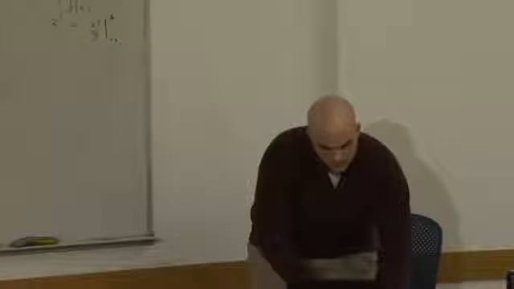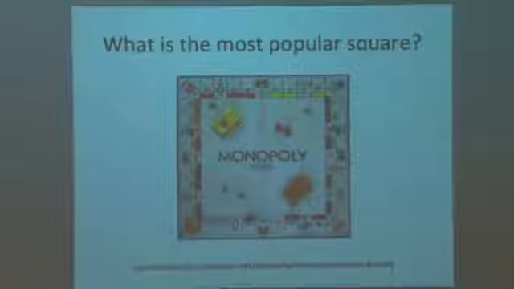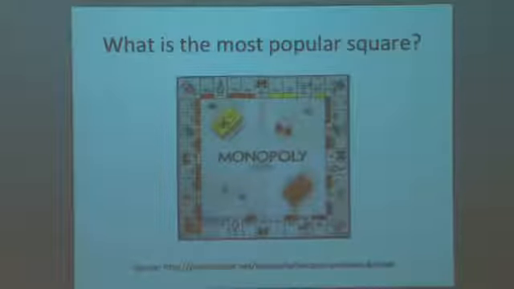So we looked at some toy problems with Monte Carlo. And this is, I guess, a toy problem too, because it has to do with a toy. Is everyone familiar with the game of Monopoly? All right, so I don't have to explain the rules too much in depth.